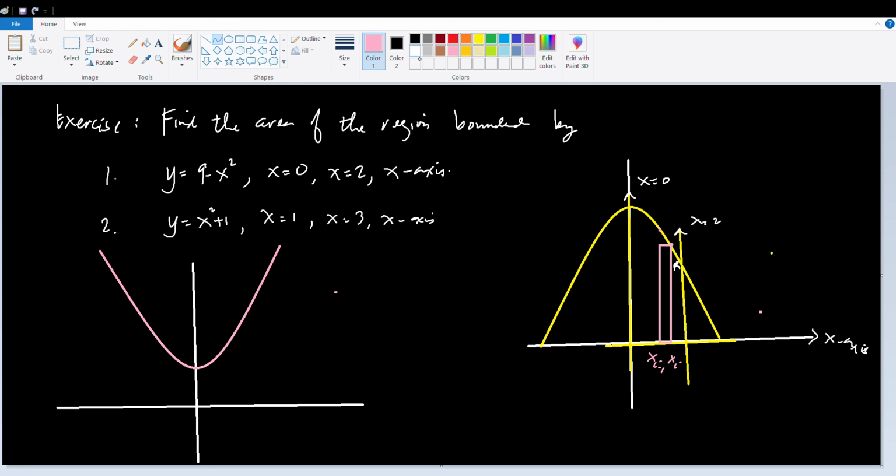The vertical lines are x equal to 1 and x equal to 3. And of course, the x-axis. There. So that is my region R. We construct our rectangles. So it depends if you are using absolute minimum or absolute maximum. So it should be at x sub I minus 1 and x sub I.